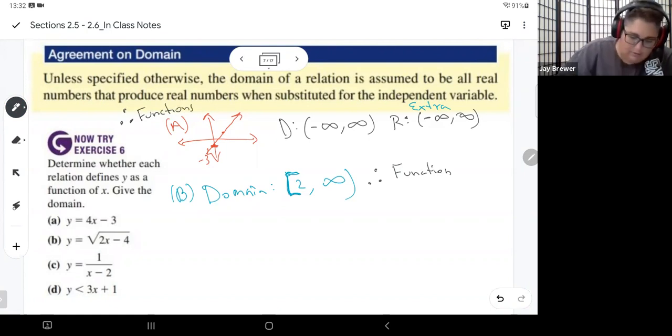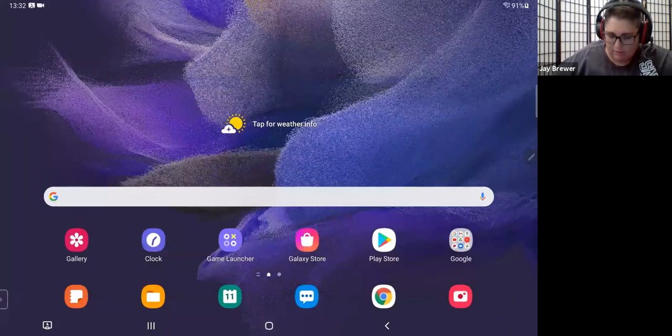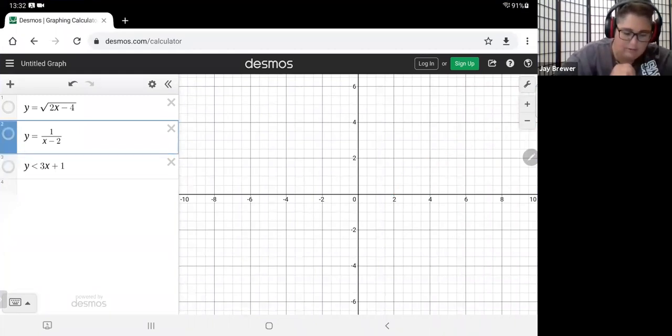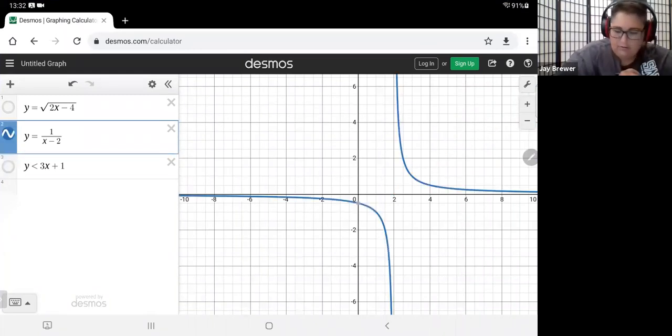Okay, so C, let's go back into Desmos and take a look at how we can figure out our domain. So we're going to turn off B and turn on C. Again, if you draw your vertical lines, they're going to pass.